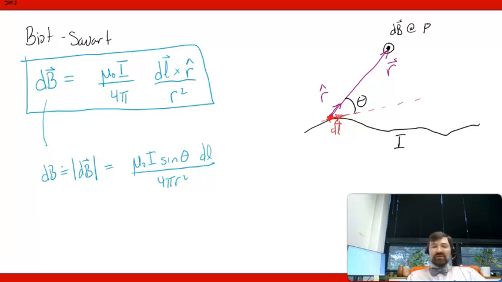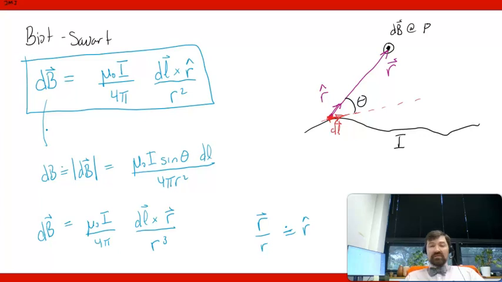If you'd prefer, some people write this equivalently as dB equals mu naught times I over 4 pi times the cross product dl cross simply r, divided by r cubed. Reminder that r divided by r is just defined as r hat.